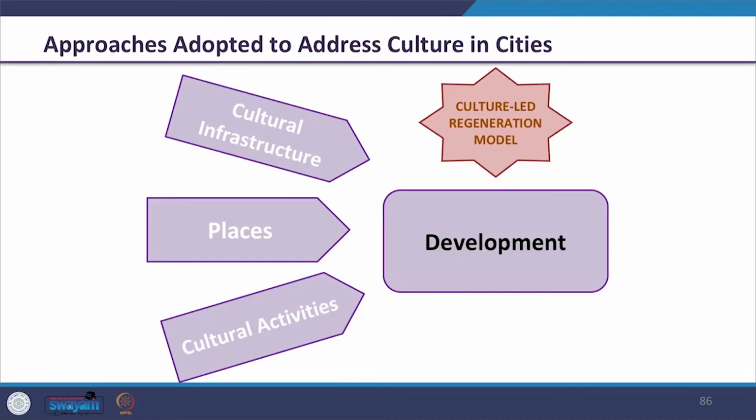The culture-led regeneration model is envisaged to make use of cultural infrastructure like theatres, exhibitions, places and cultural activities, places where you dance or gather, to drive development. Flagship projects and the creative cities concept fall within this ambit.